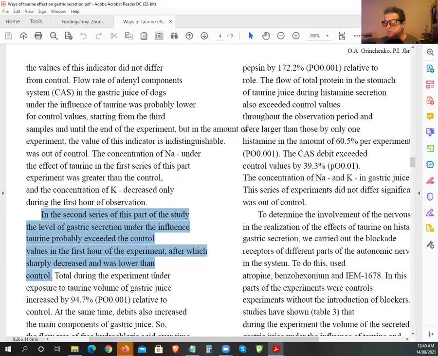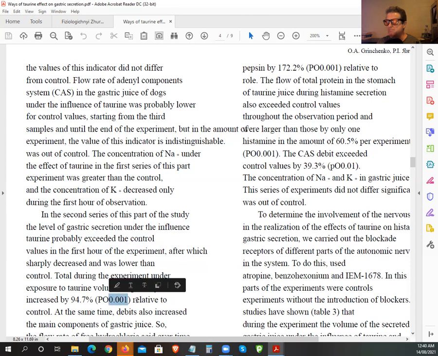Total during the experiment, under exposure to taurine, the volume of gastric juice increased 94.7%. That's a really good p-value. Anybody that knows p-values, 0.001, the likelihood that that is just accidental is unlikely. So anything of that sort is a pretty good p-value relative to the control.